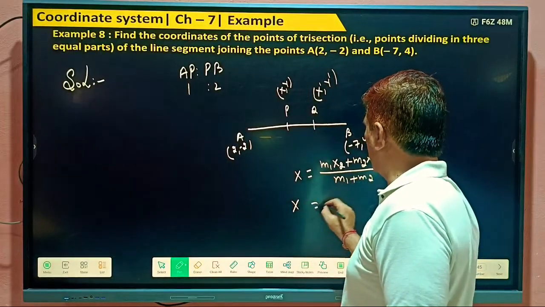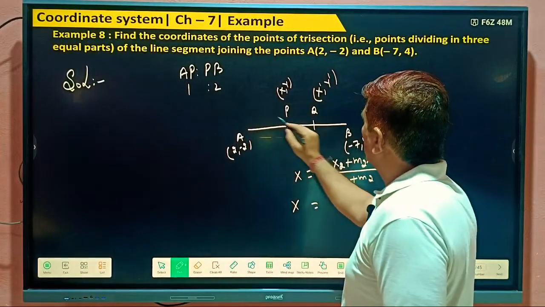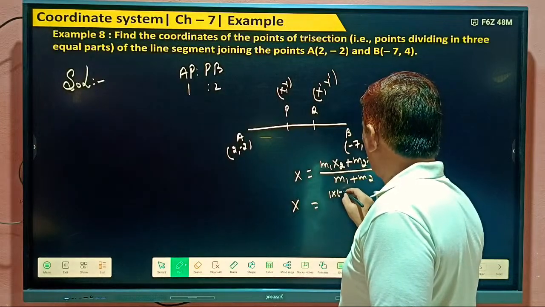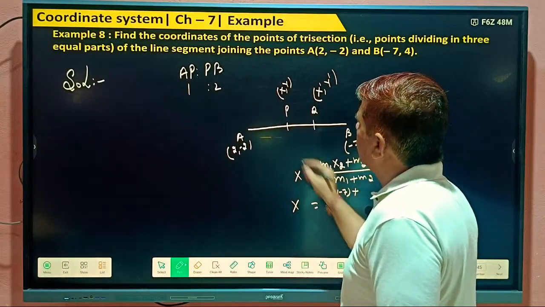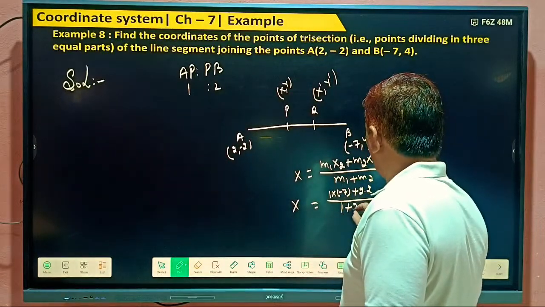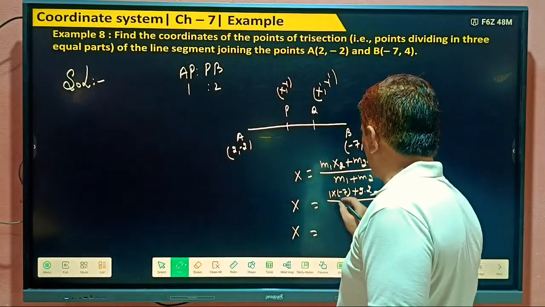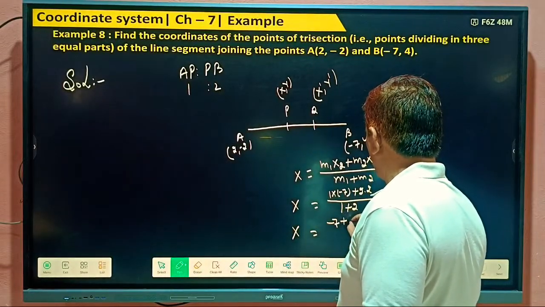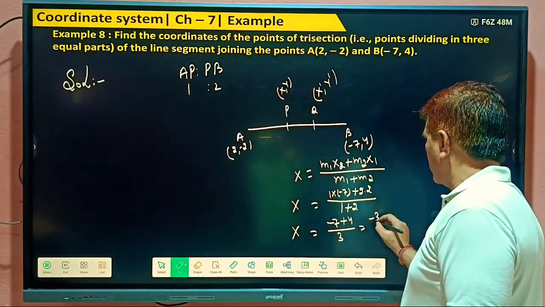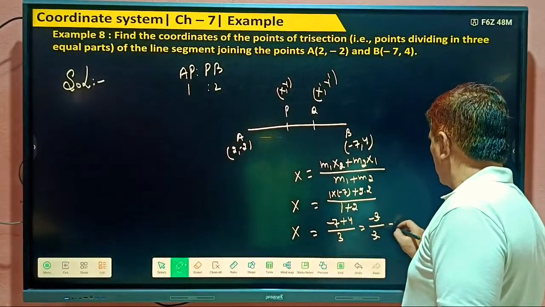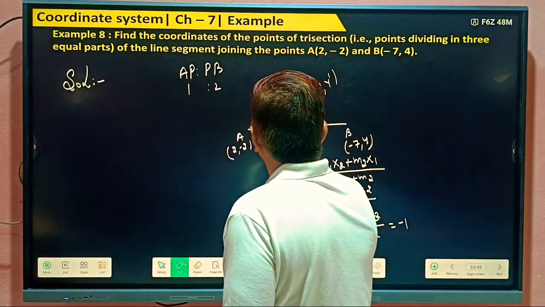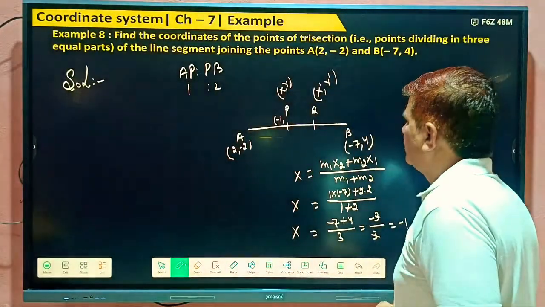So x is equal to, what's your m1? 1 here. 1 multiplication with -7, 1 into -7 plus 2 multiplication with 2, by 1 plus 2, 3. So x is equal to -7 plus 4 by 3. So -3 by 3, cancel it. So -1. So its one coordinate is -1.